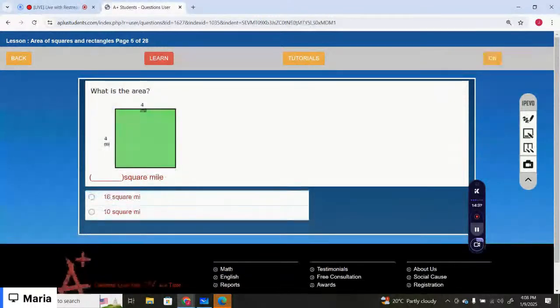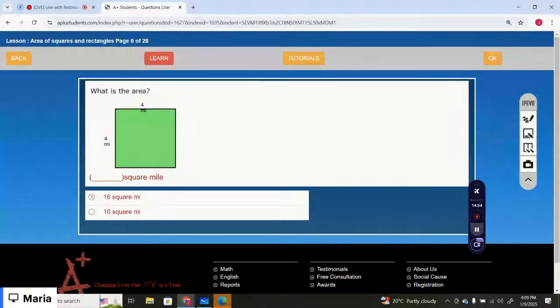What is the area? Which is the correct option? 4 times 4 is 16 square miles.